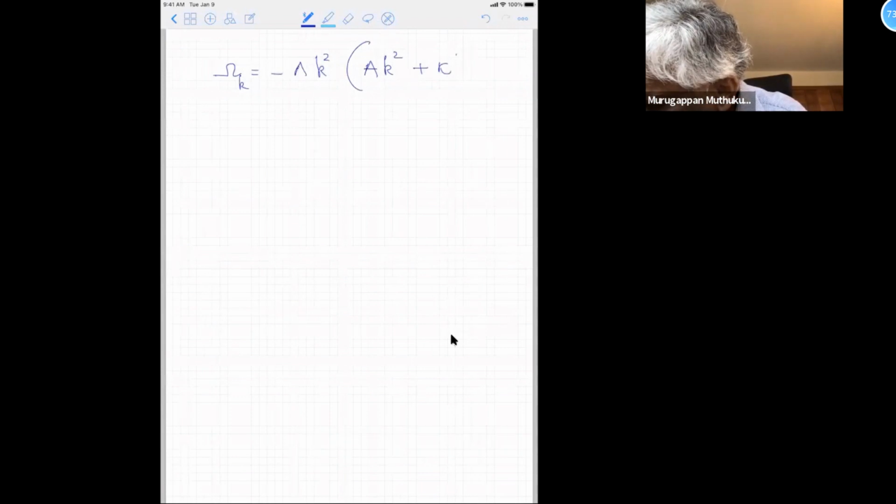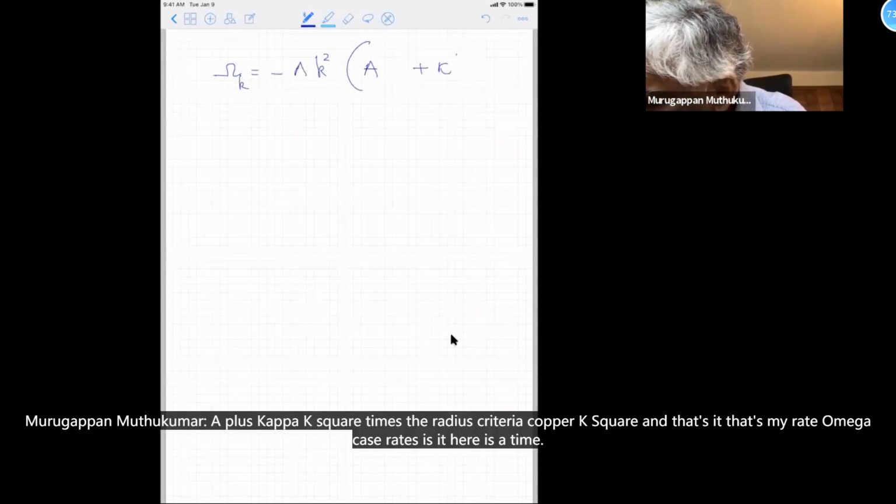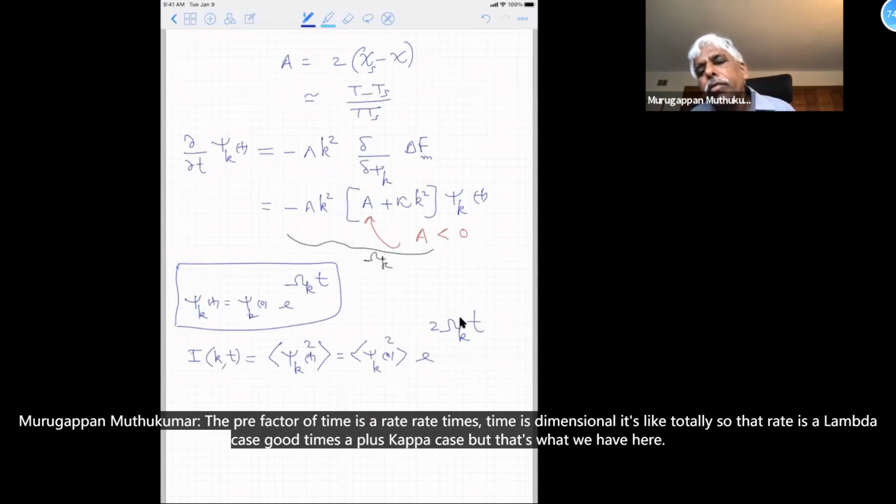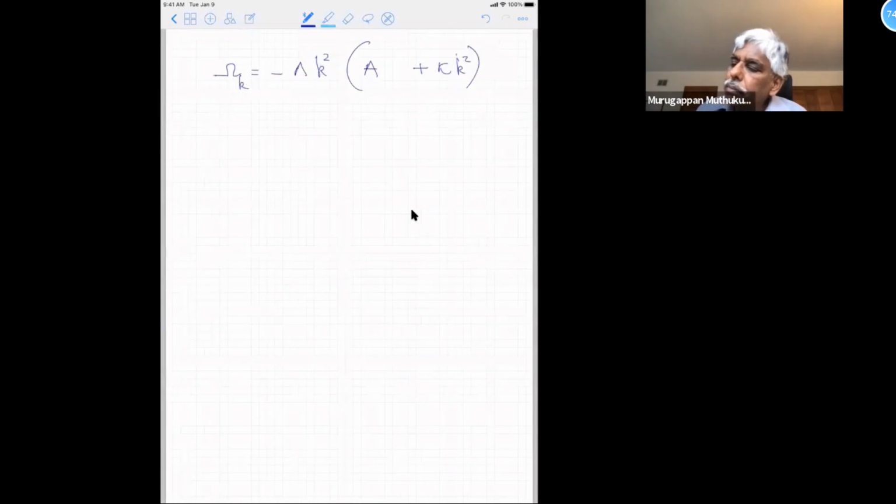I made a mistake there. That's my rate. Omega k is a rate, because its prefactor of time is a rate, and rate times time is dimensionless. So the rate is lambda k squared times a plus kappa k squared.